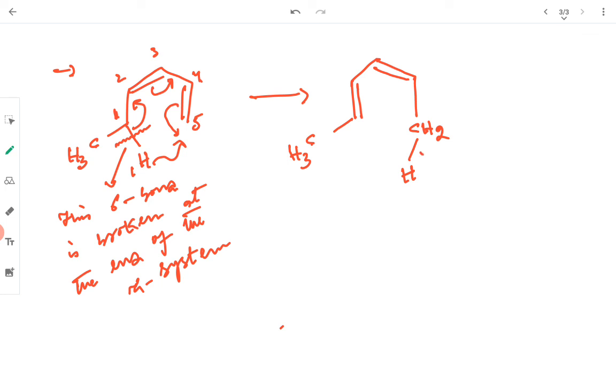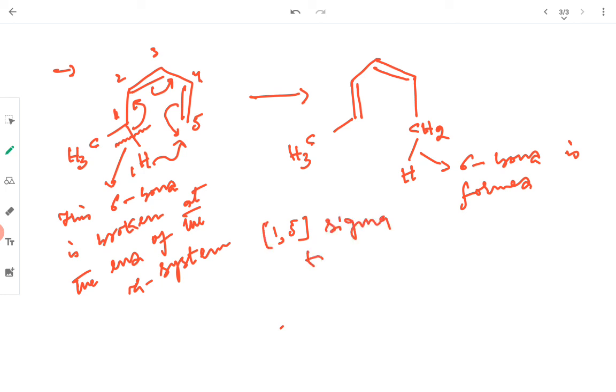So this sigma bond is formed at the end. So this is an example of a 1,5 sigmatropic rearrangement, and this example indicates where sigma bond is broken at the end of the pi system.